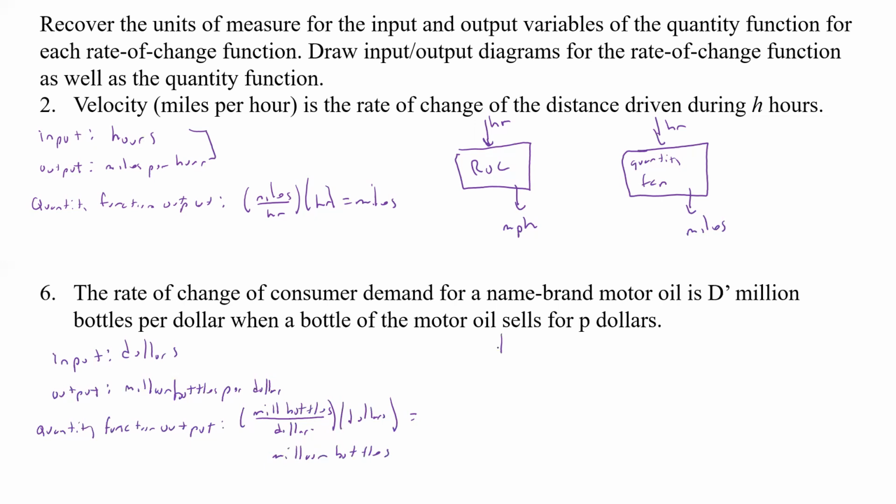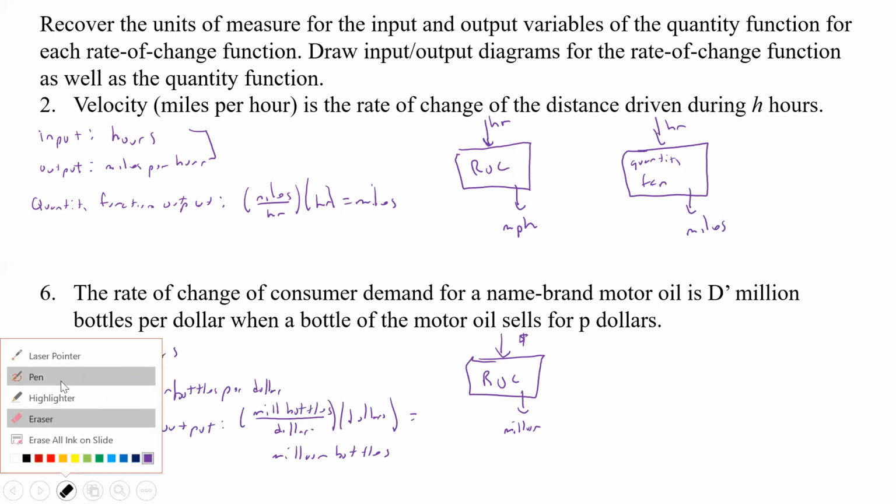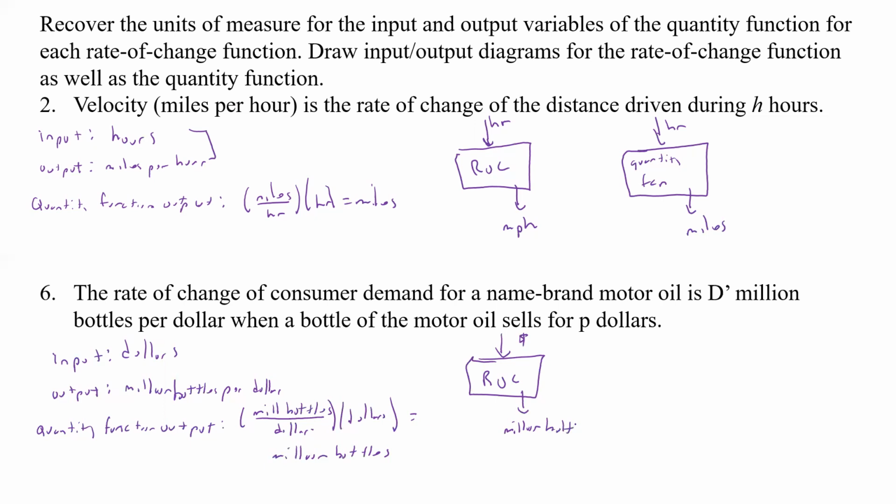Okay, so same thing here works. We have our input of dollars. We go through that rate of change, and what comes out is million bottles per dollar. Oops, wrote that backwards. All right, so million bottles per dollar.